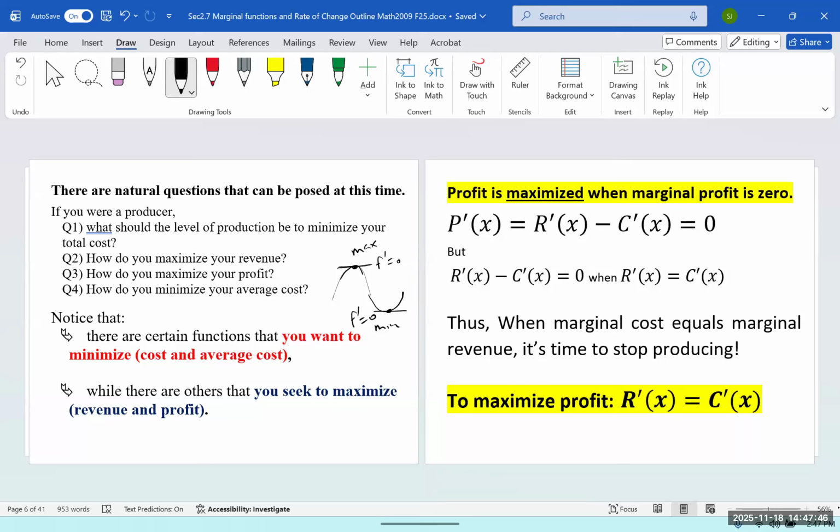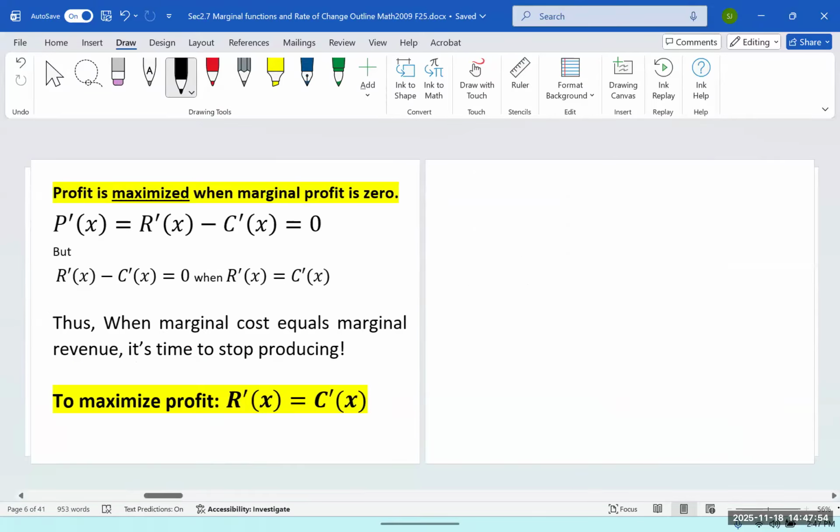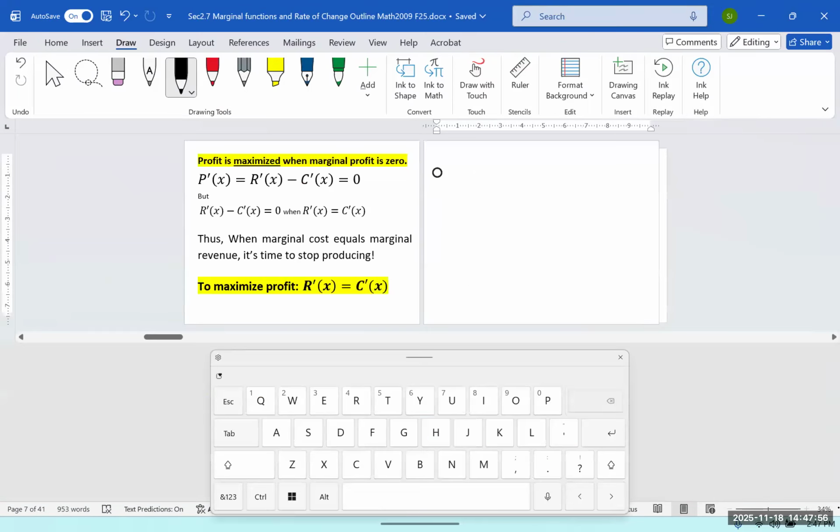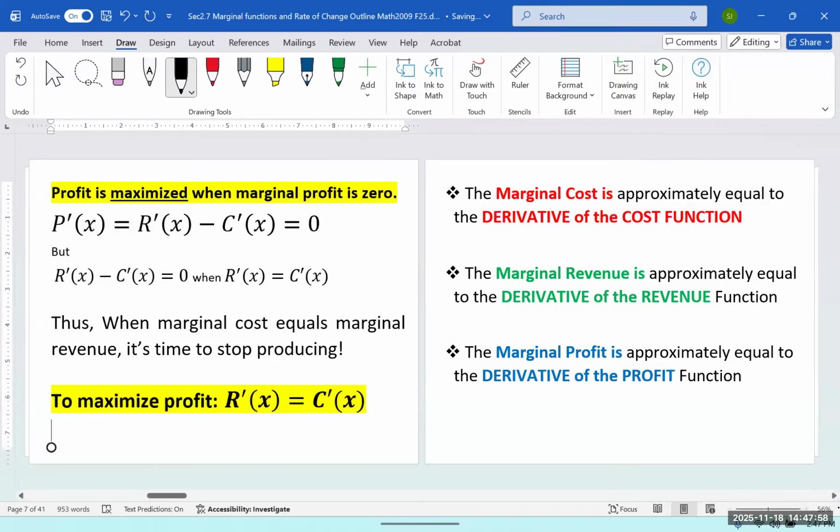In monetary problems, we take the derivative with respect to how many items we are going to buy or sell. Previously, break even is when revenue equals cost. But now we are saying that maximum profit is when the derivative of the revenue equals the derivative of the cost.